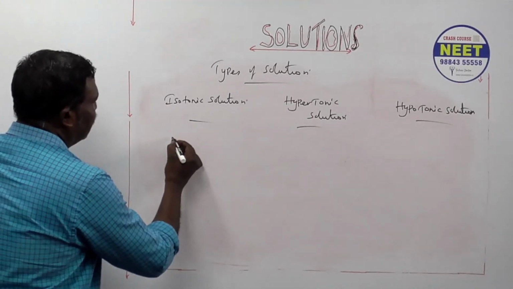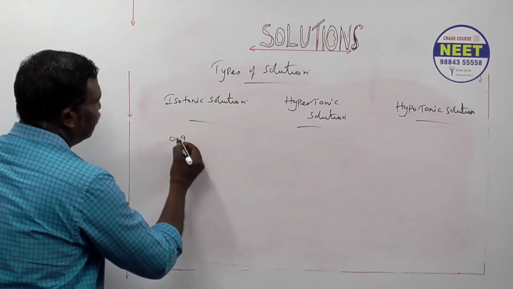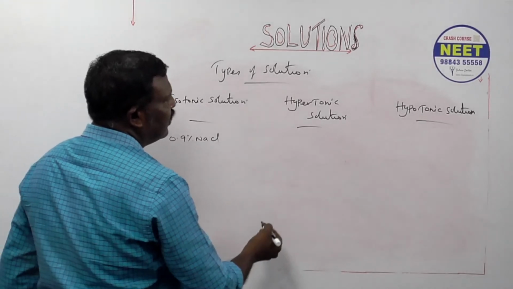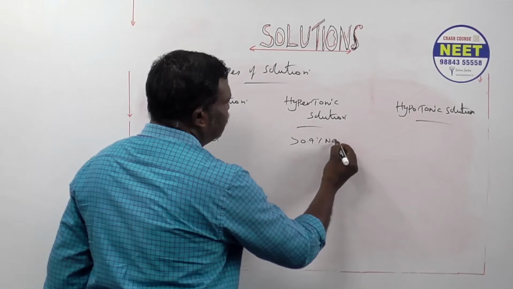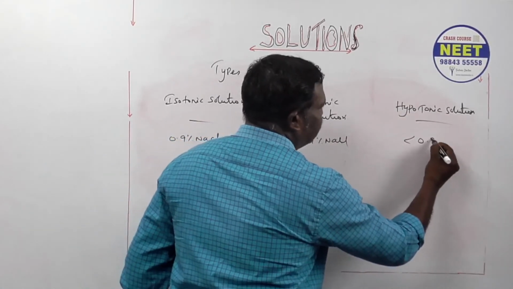Here, 0.9% sodium chloride solution. More than 0.9% sodium chloride solution. Less than, just write one by one. I will explain.